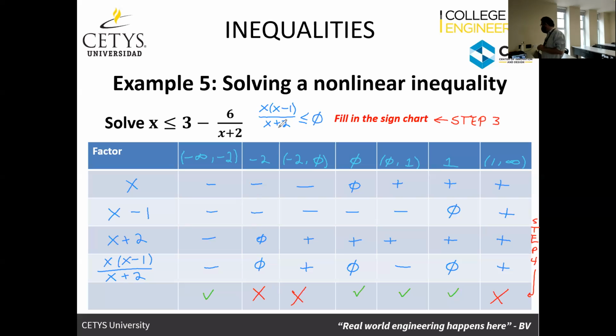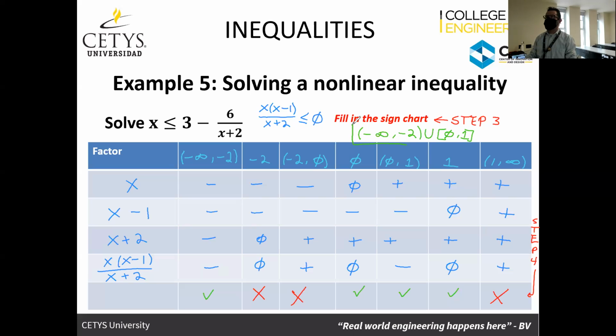And so going back to the solution, and remember that this is being recorded, so you can go back and review this. Going back to the solution, we're going to go with minus infinite to -2. We're not including the -2 because it makes the denominator 0. And then we're going to go from 0 included, because that is part of the solution, to 1. And the 1 is also included, and that's why we're using the brackets.